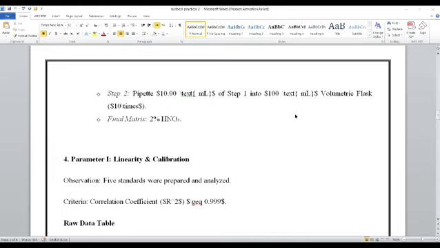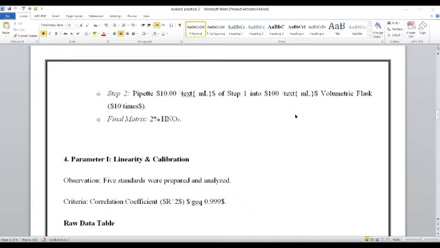Interpretation: the calibration curve is highly linear across the working range. Result: pass, meets ISO/IEC 17025 requirements of R2 greater than 0.999.